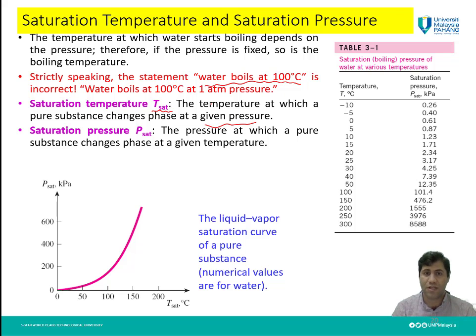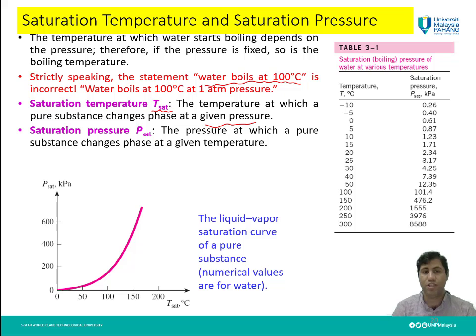So the temperature at a given pressure. We should know both of these: how much is the pressure? Then we can find the temperature at which this phase change is happening, and we call that the saturation temperature.